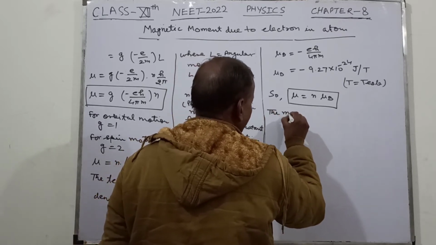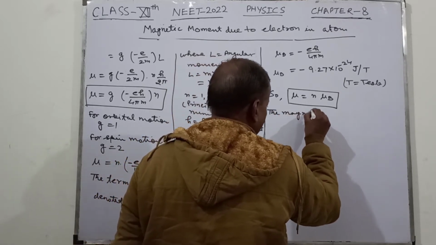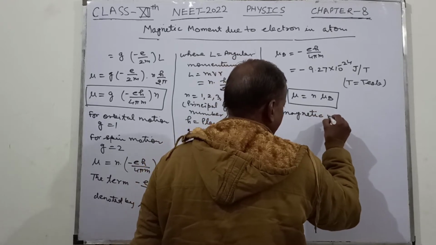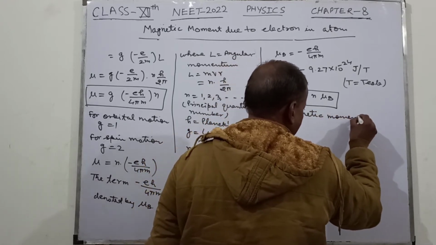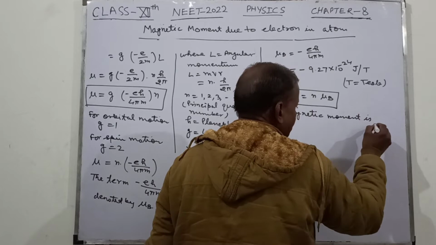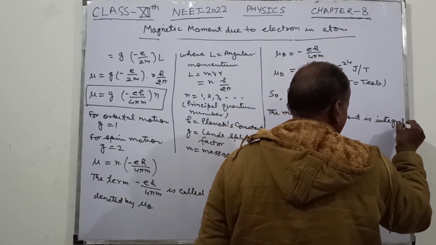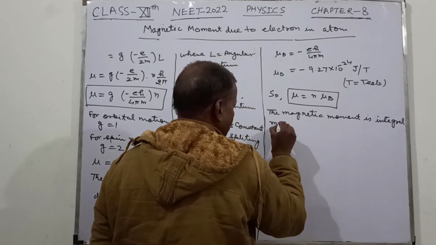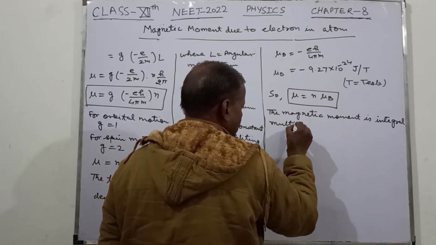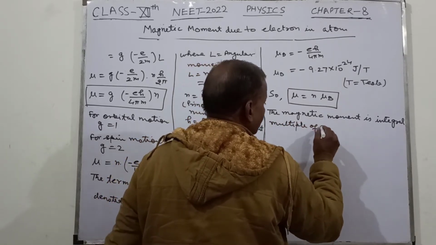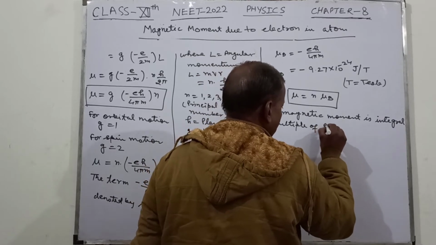Thus the magnetic moment is an integral multiple of the Bohr magneton.